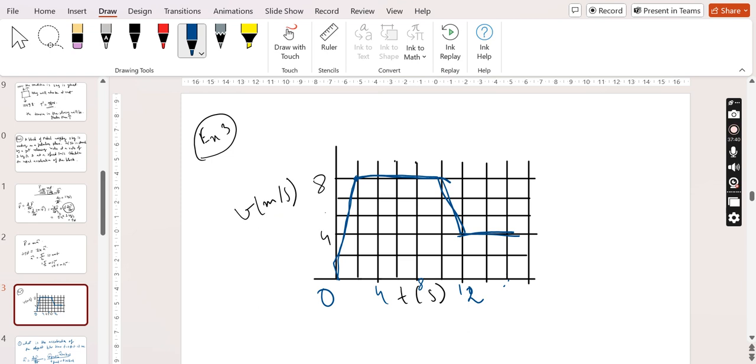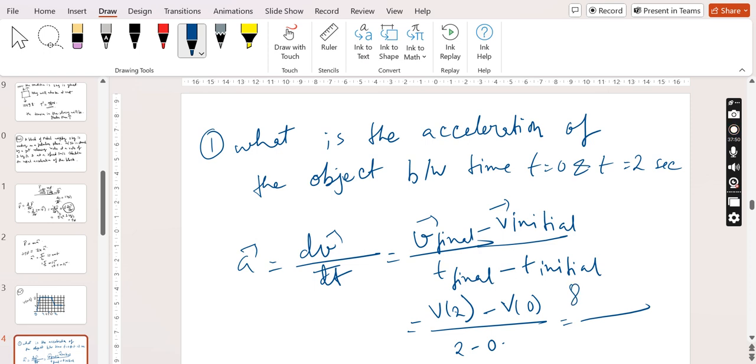Now we need to know what is the velocity at t is equal to 8, and what is the velocity at t is equal to 0, that is 0. So we need to find the acceleration of the object, in meters per second square.